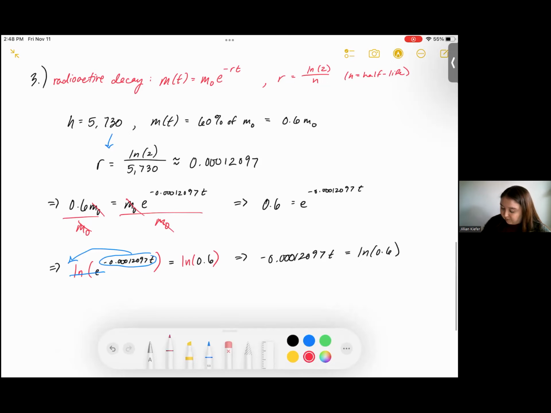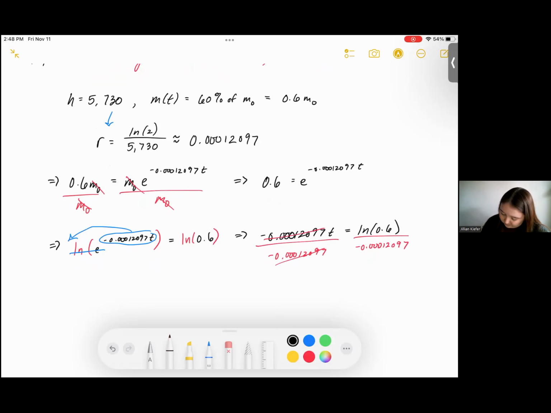So if we want to solve for t, we can go ahead and divide by that negative 0.00012097 number. And it cancels out on the left-hand side. Thank goodness we don't have to say that anymore.